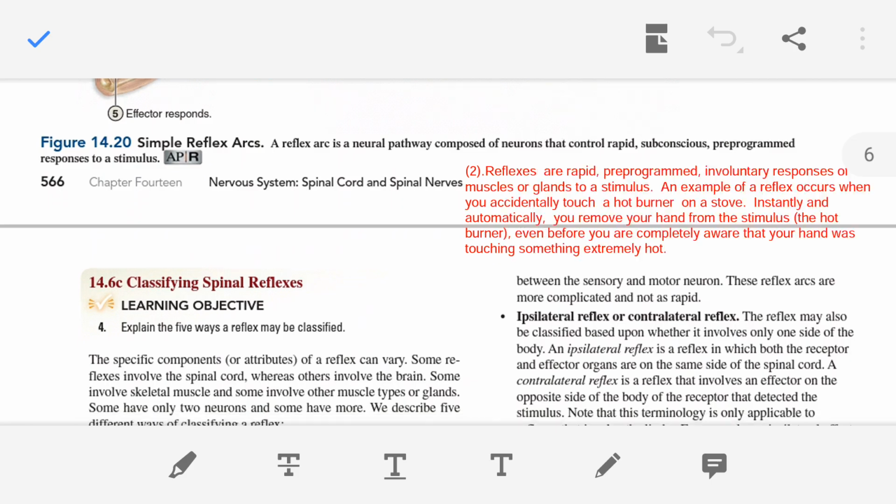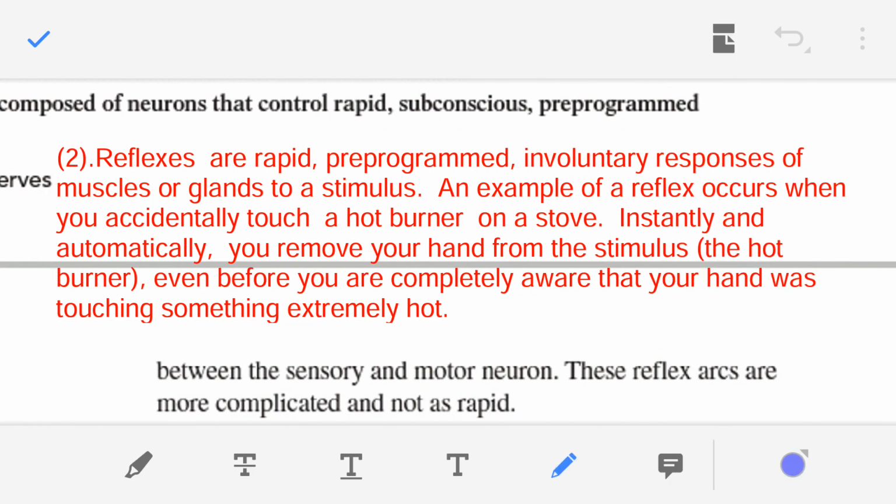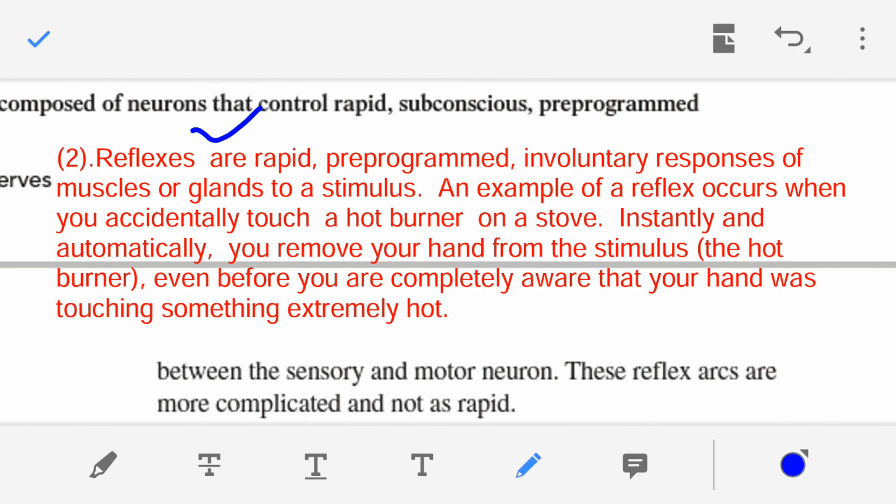Now the properties of reflexes: they are very rapid, they are pre-programmed, and most of the time they are involuntary.